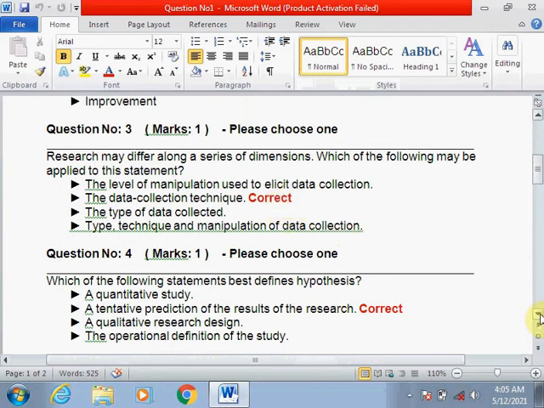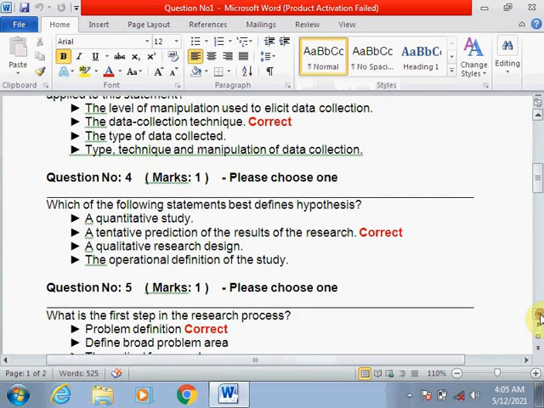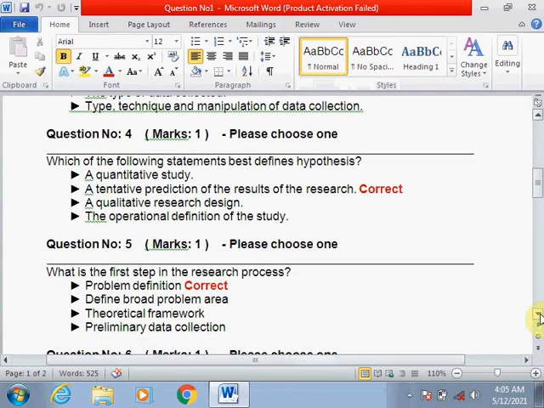Next we will see question number 4, which of the following statements best defines hypothesis?